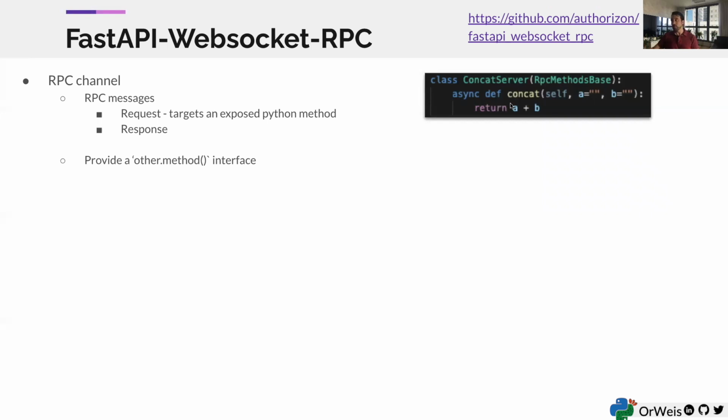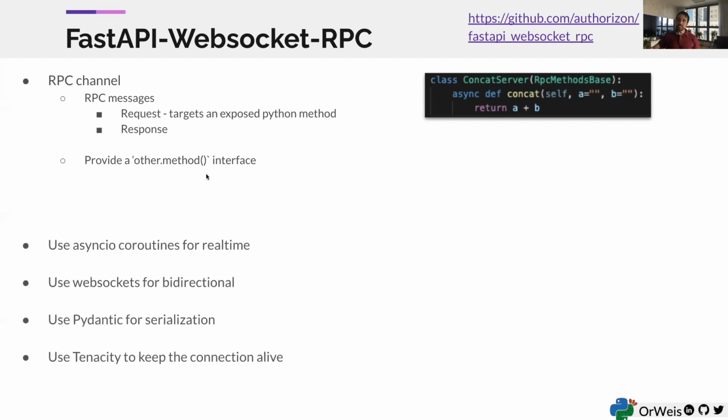For example, in this case, we can see it exposes a concat method that takes two parameters, connects them, and returns the string value. On the other side, we'll be calling these methods through an interface that looks something like this, other.method, and calling that method. So in this case, we'll be doing other.concat and passing the two arguments that we want to concatenate.